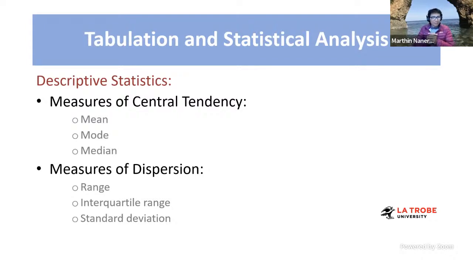The mode, as you all know, can be computed with any type of data, nominal, ordinal, interval, and even ratio, and represents the value in a set of data that occurs most frequently. However, there is one problem, and that is that any data may have more than one mode.